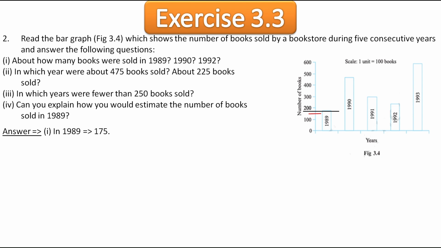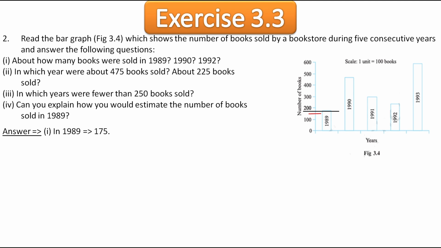Why did I say it is 175? Because it is just above the middle line of 100 and 200. The middle line indicates the number 150 because it is the middle of 100 and 200. So it is just above 150, between 150 and 200, which is the number 175. That's why I said it is 175. You can assume 160 or anything else, but you have to give the exact reason for it.